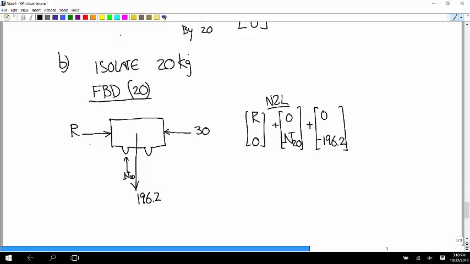Then there's the 30 newton force going to the left. That's the negative X direction, so that's negative 30, 0. That's our F net, and that's equal to the mass of the chosen object times the acceleration vector. What's the acceleration vector? Yeah, negative 1, 0 still.